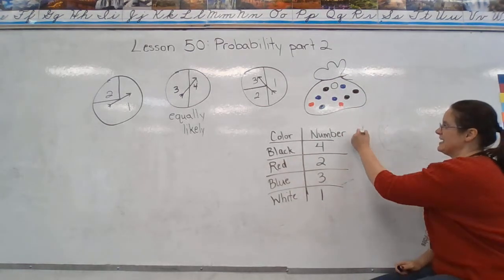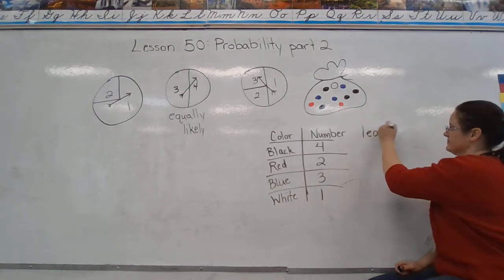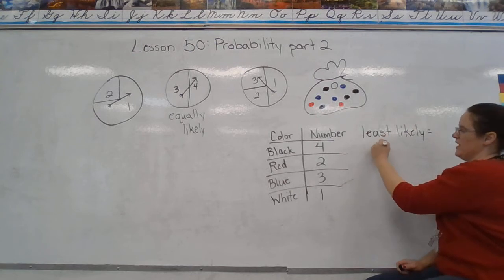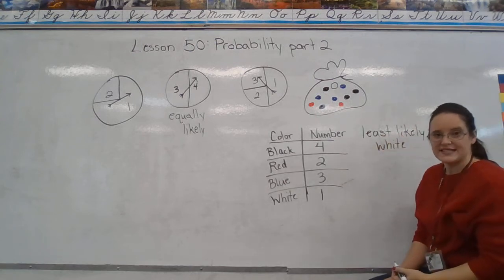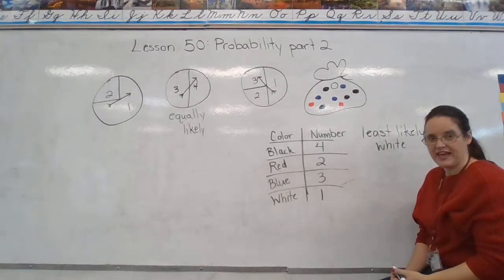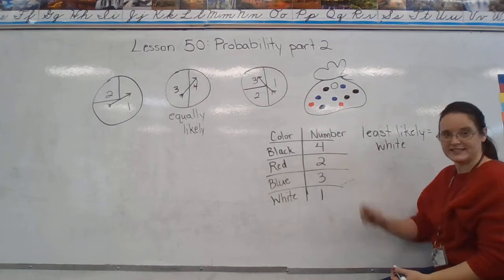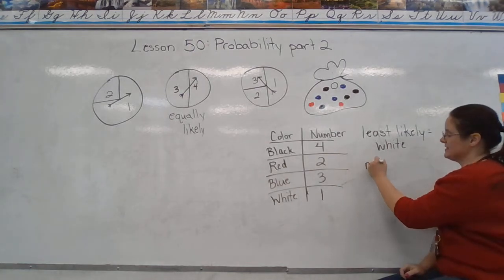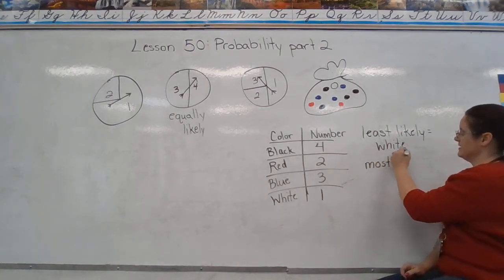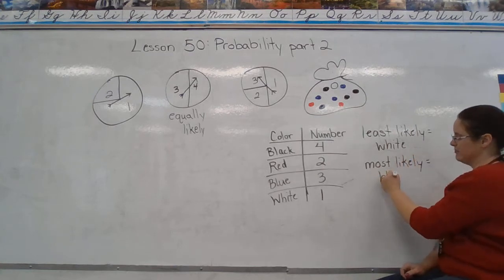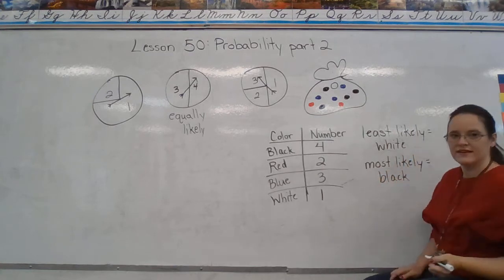So least likely is white. What's the most likely color to be picked out of the bag? That's going to be the biggest number, in this case, black. Most likely is a black marble.